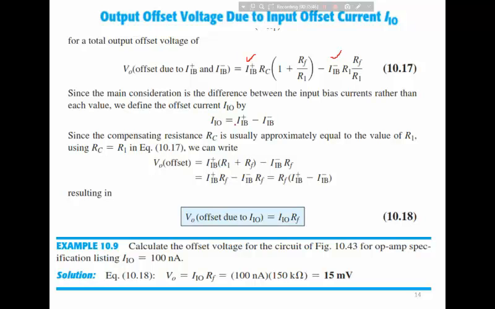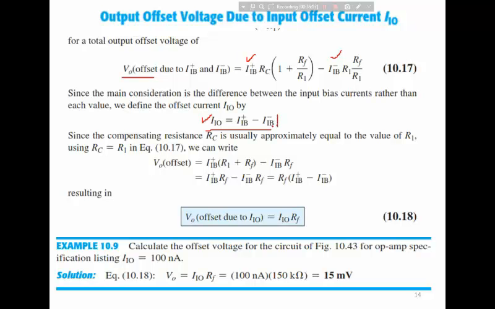What is the difference of these two input bias currents? That is important for us, because it has an impact on the output offset voltage. So we define the difference of these two currents as the input offset current, and that is equal to I in bias positive minus I in bias negative.